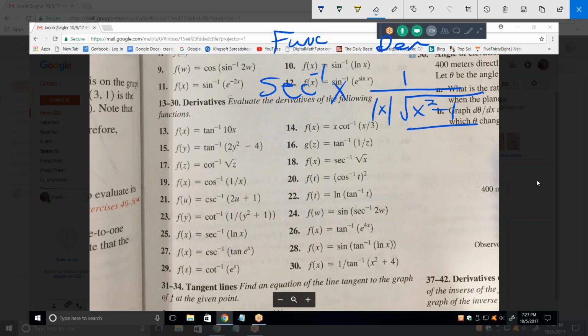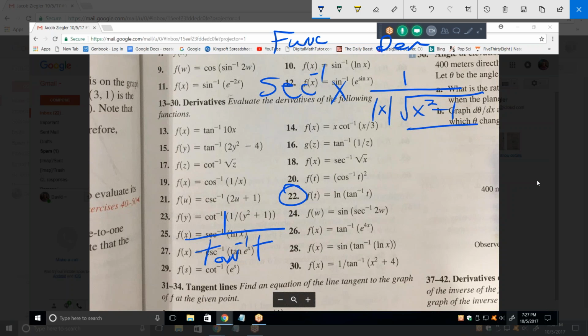All right, how about this one, 22? So first you're going to take the natural log. So it's going to be 1 over arc tangent t.